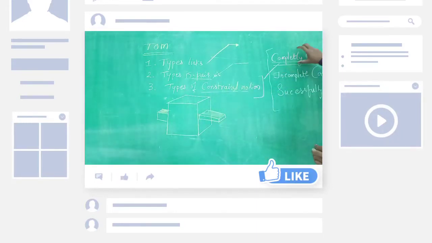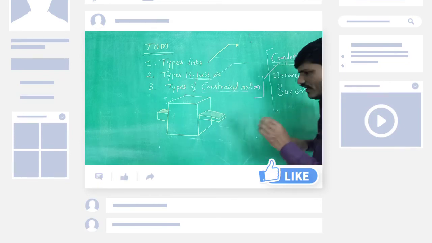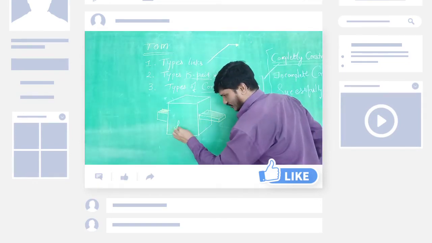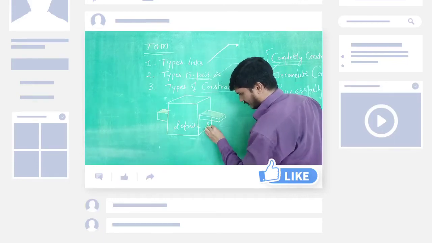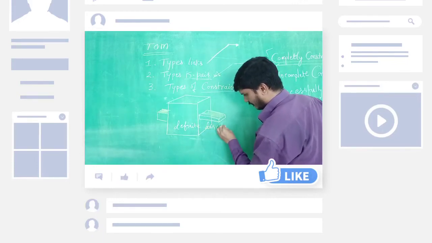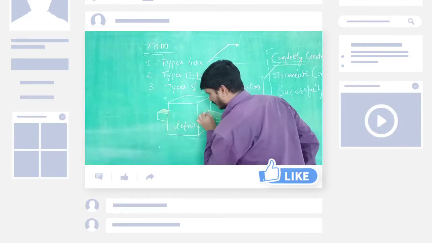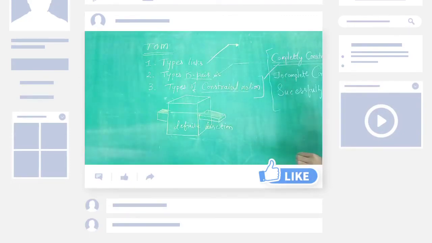That is the example for completely constrained motion. It means it will give only a definite direction. There is only one direction, so we can take this as the example for completely constrained.